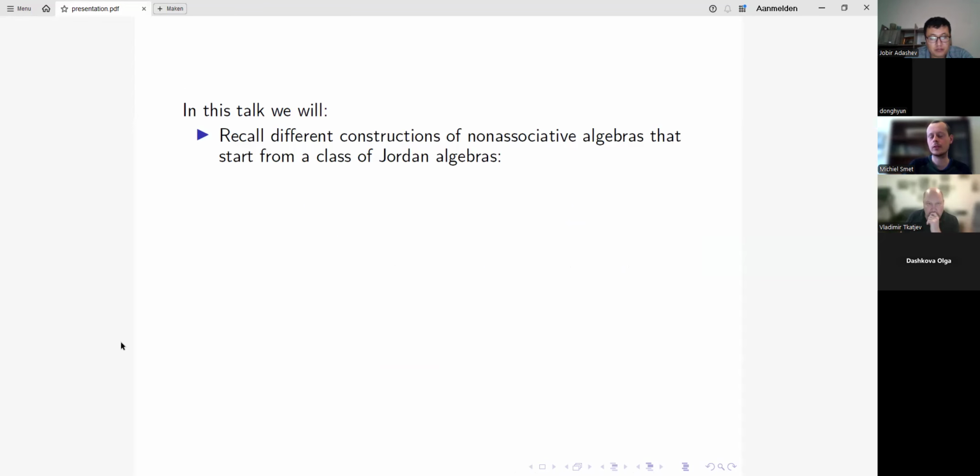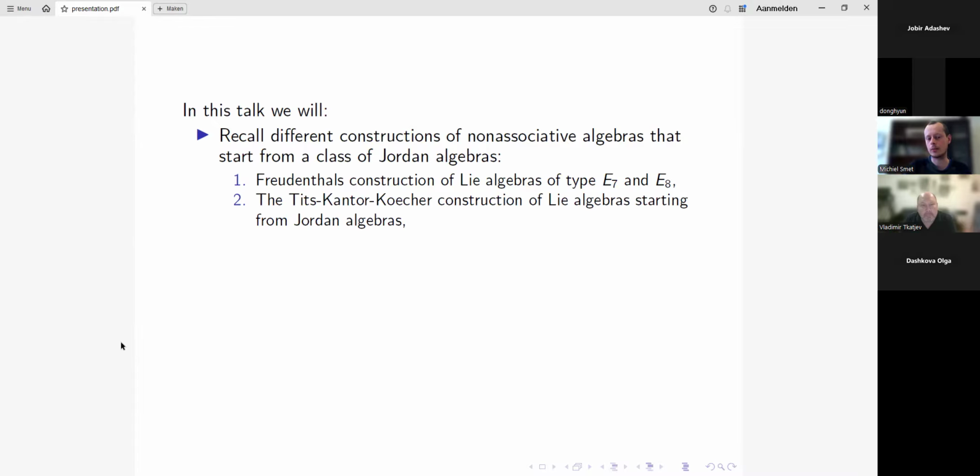So first, I will recall different constructions of non-associative algebras that start from a certain class of Jordan algebras. We will recall the construction of the algebras of type E7 and E8 that Freudenthal gave in the 50s.